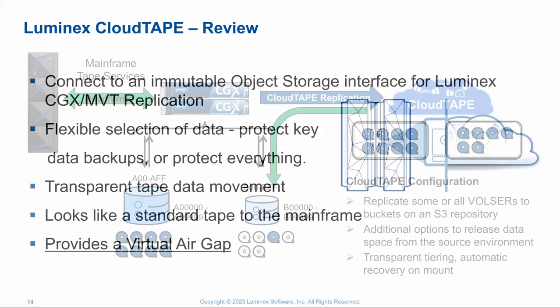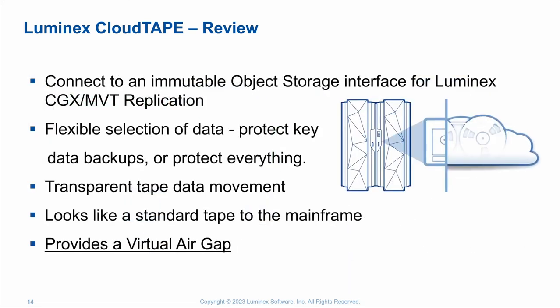Effectively, it gives you an air-gapped copy. You connect to the immutable object store for our replication. You have the capability to be flexible about what you protect, so either key data backups or protect everything. By default, it's everything. And for us, it's got a transparent data movement between the CGX and the S3 repository.